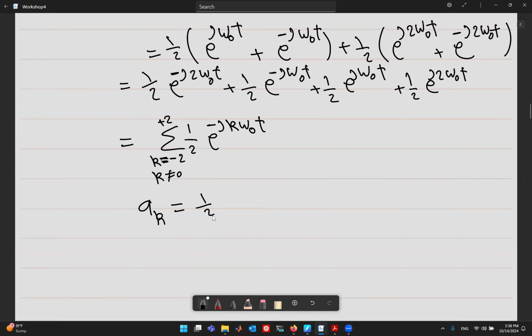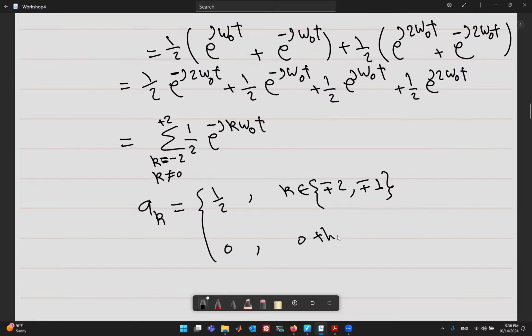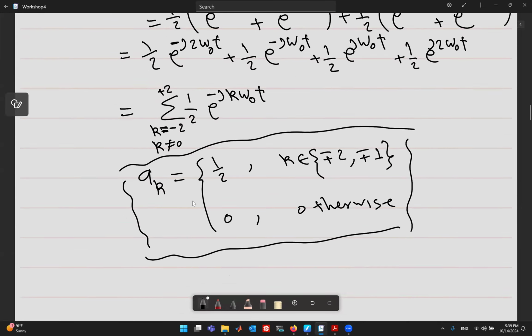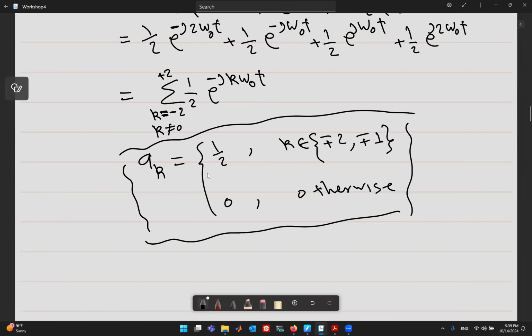Let me write it piecewise. It's 1/2 when k is ±2, ±1, and 0 otherwise. Those are the Fourier series coefficients.